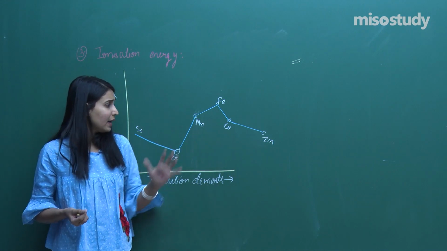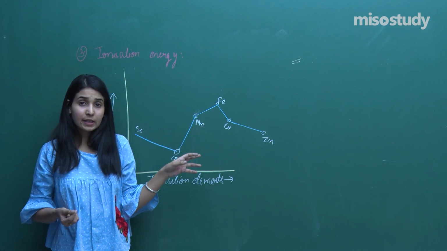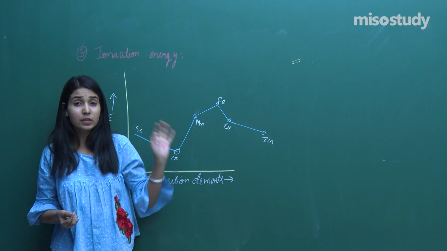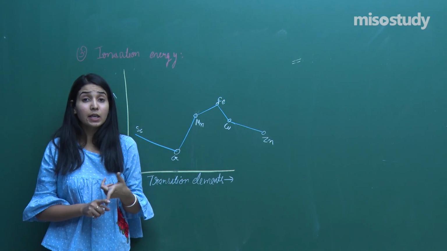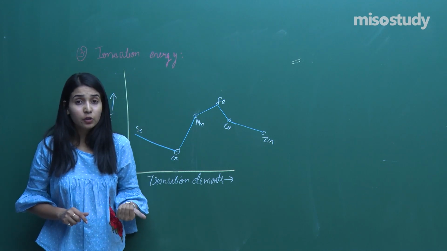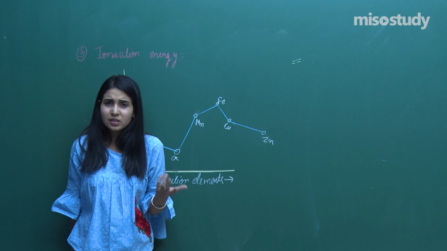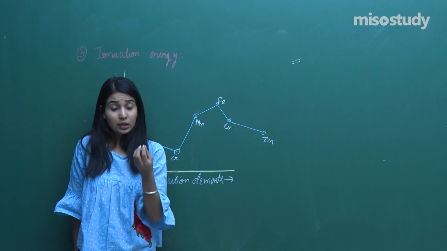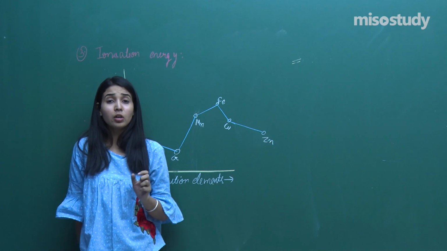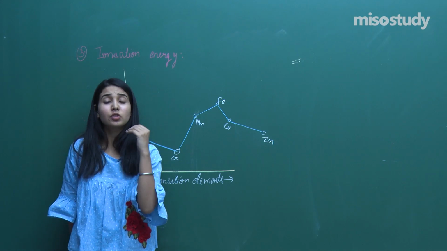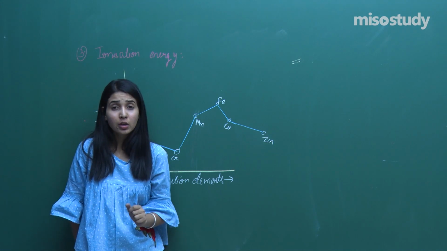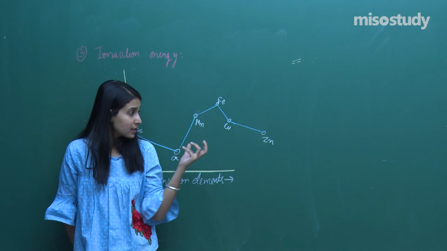Now I come to the point where I have to discuss the 3D, 4D and 5D series. But this time there is no decrease, there is an increase in the value, right? The size is increasing again, there is no different change as such. But this time I am talking about the transition elements, so I am talking about the lanthanide contraction.